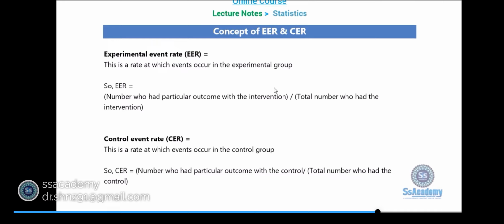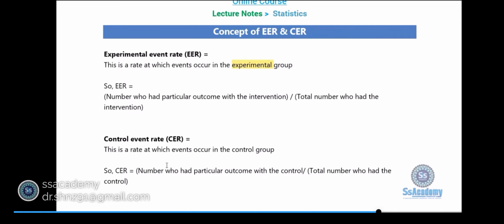Concept of experimental event rate, and once again the control event rate. This is also a double star. Experimental event rate is the rate at which events occur in the experimental group. Control event rate is the rate at which events occur in the control group.